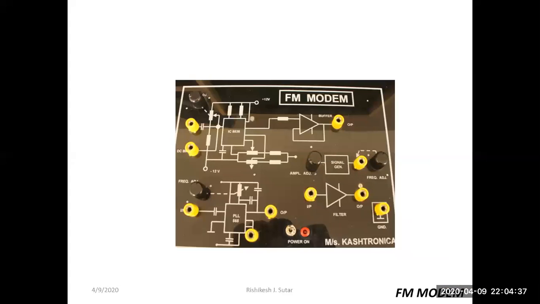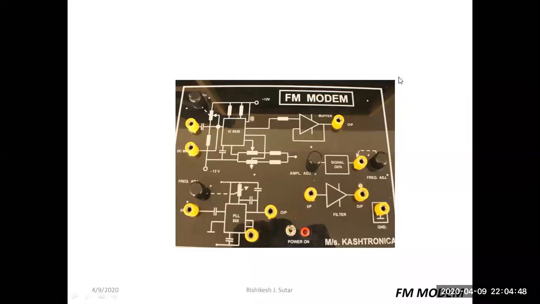This is the FM modem experimental board. The upper section provides the FM modulation operation and the lower section provides the FM demodulation operation. In this, we have a signal generator section which provides the modulating signal.